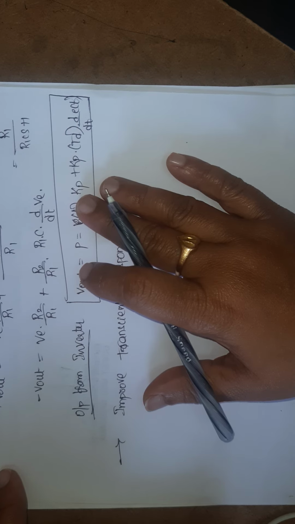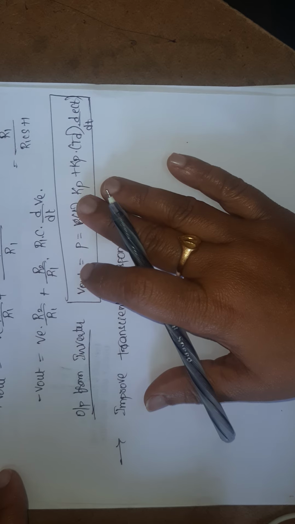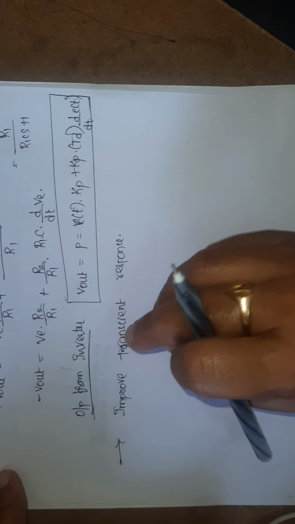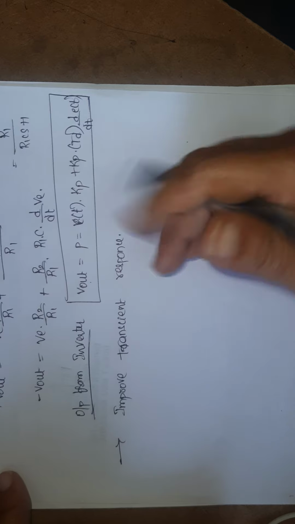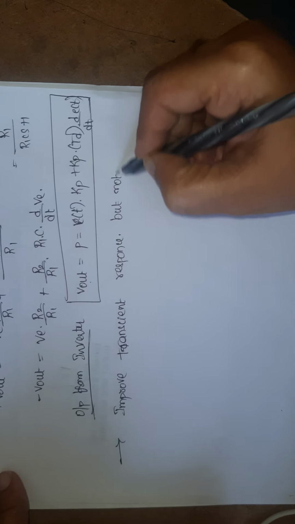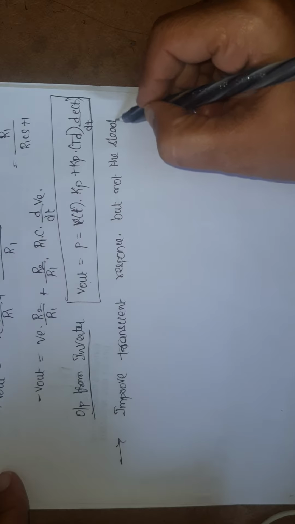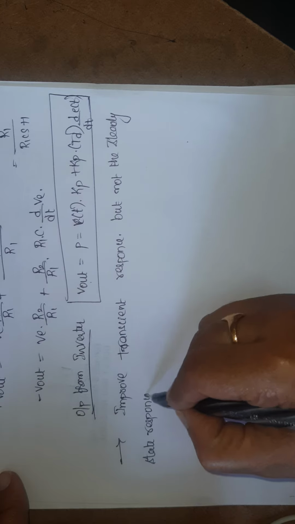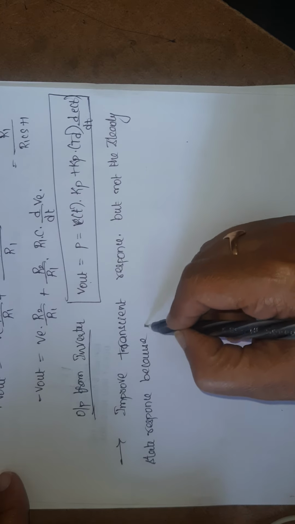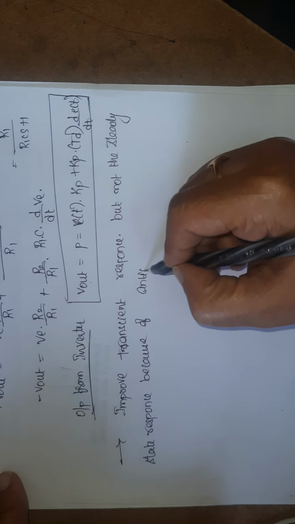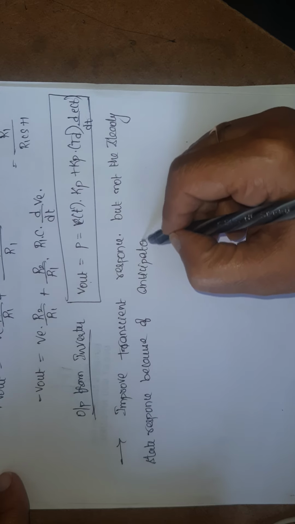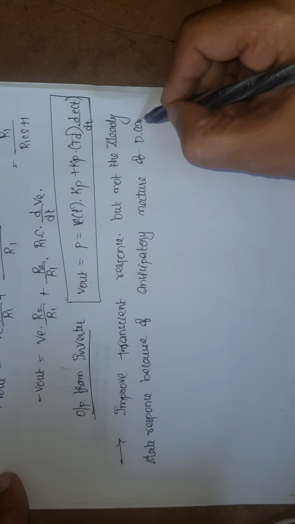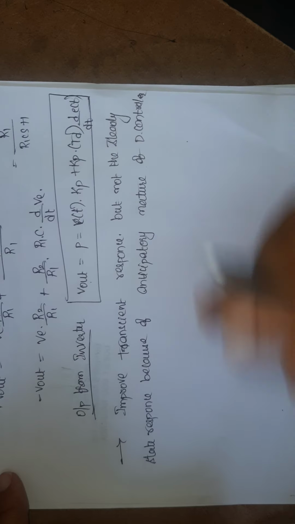This anticipatory nature increases the instability of a system. So the steady state error may be very high. The P plus D controller will improve the transient response but not the steady state response, because of the anticipatory nature of the D controller, the derivative controller, or the leading angle.